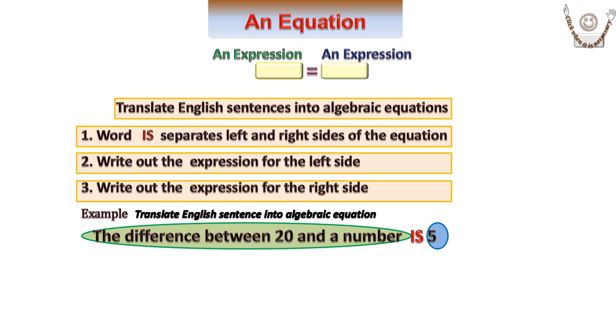Now let's convert the word "is" into the symbol equal, and then the difference between 20 and a number. Whenever you see the word number, you mark it as a variable x. So it will be 20 - 1x, and then the right side is just 5.